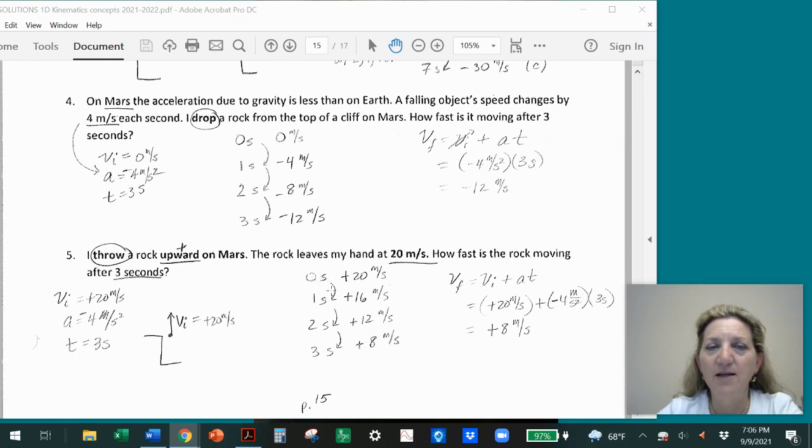So after 1 second, -4, -4, -4. After 3 seconds, it has slowed down to just +8 meters per second. Still moving upward, never reached the top. It would take 2 more seconds to get to the top and have a velocity of 0.